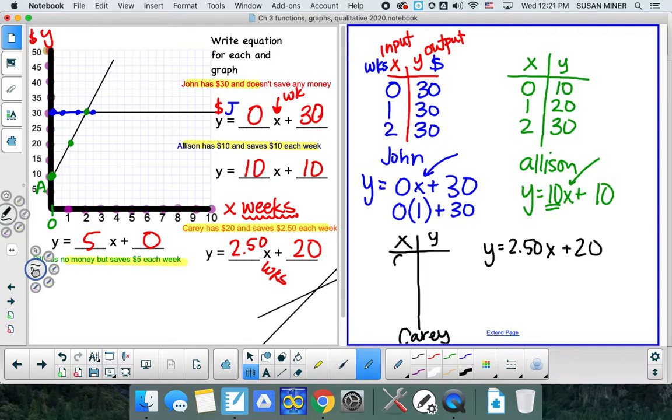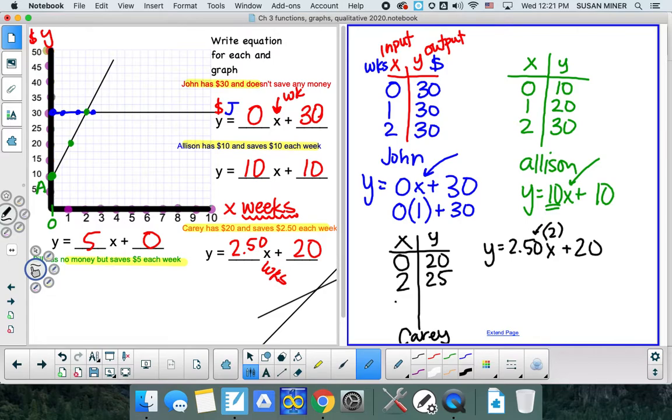And at 0 weeks, he would have $20. Instead of doing by ones, because I have a .50 in here, let's go straight to 2 weeks. At 2 weeks, I would have a 2 in here, right? And so that would be $25.